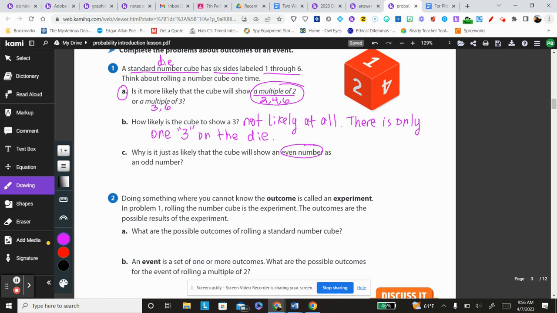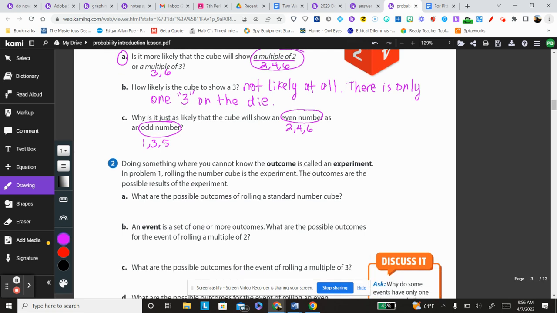Name the even numbers on the die. 2, 4, and 6. Okay, who can name the odd numbers on the die? 1, 3, 5. Okay, so why do we say it's just as likely that you are rolling an even number as an odd number?